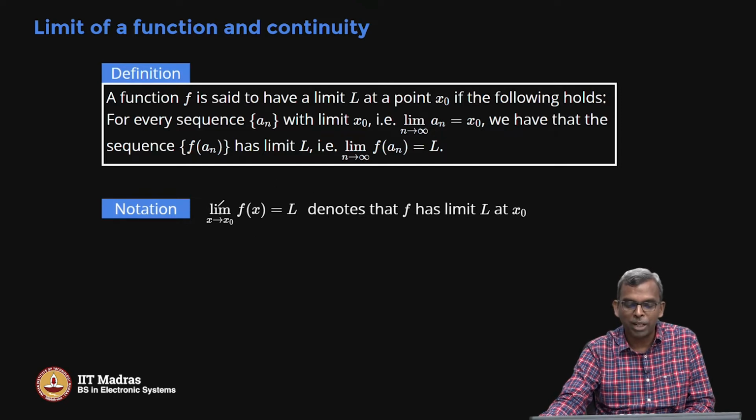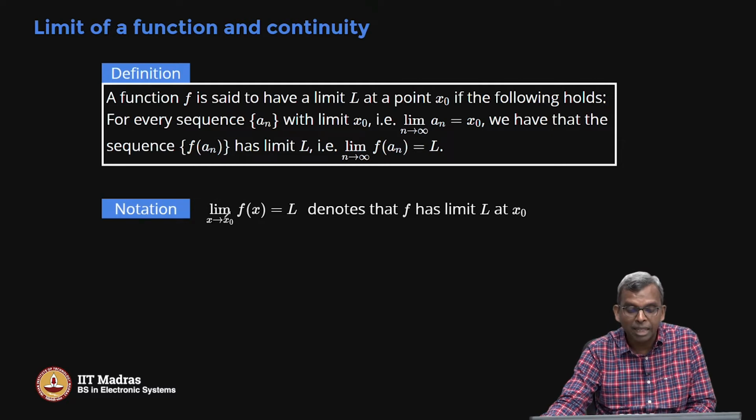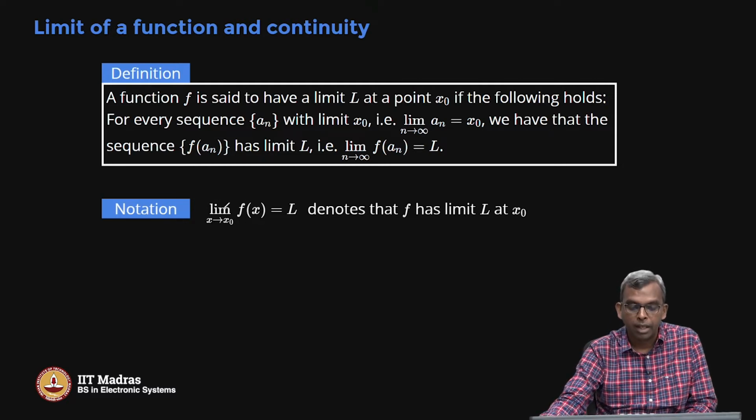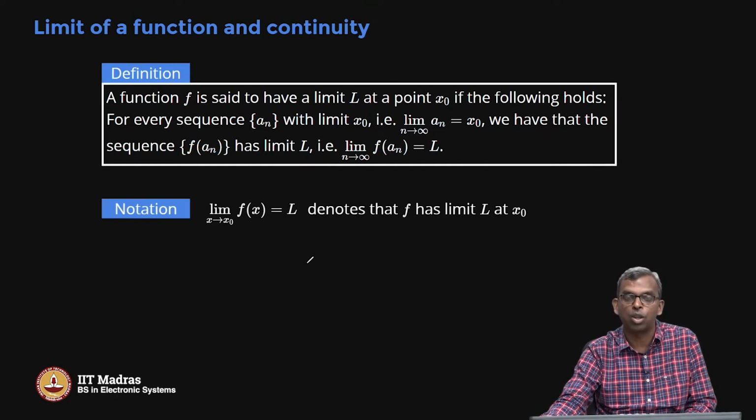So I don't need to mention anything about sequences. This is called the limit of the function f of x as x tends to x naught. That's how you read it. You'll hear people talking about f of x tends to f of x naught, or f of x tends to L as x tends to x naught.